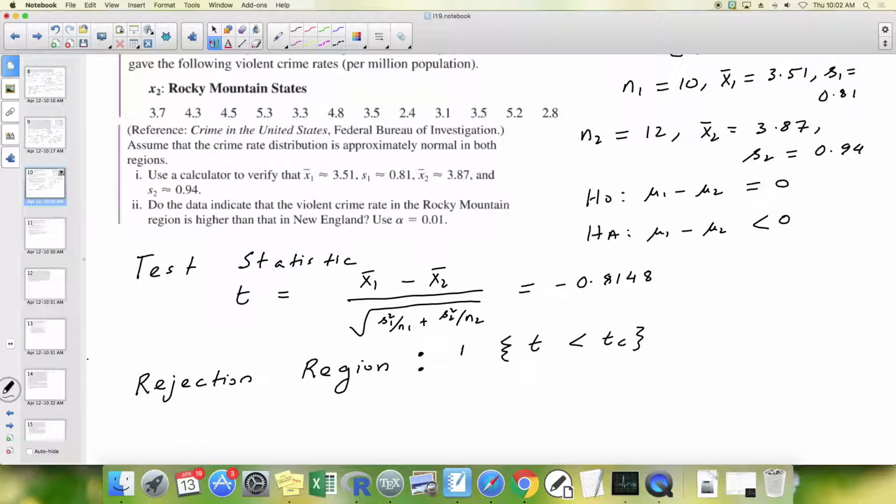If that happens, then reject H naught. So what's TC?